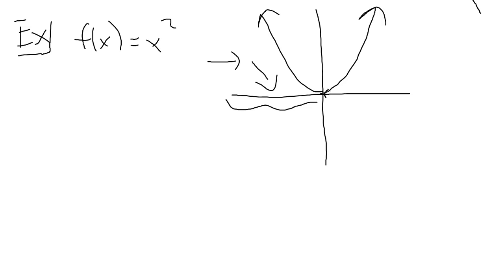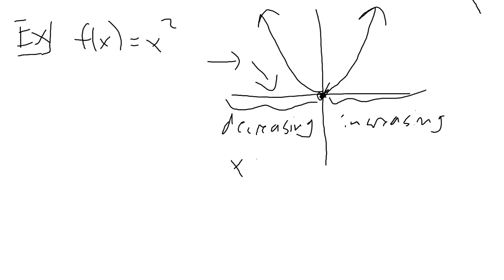It's going down the whole time until it gets to 0. So it's decreasing over here and then likewise increasing over here. And this is all x less than 0, or less than or equal to, because we can include 0 on each of these intervals and it'll still be true. So increasing is x bigger than or equal to 0.